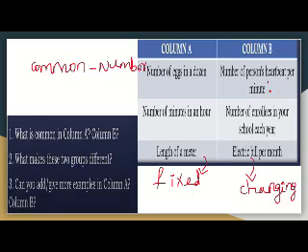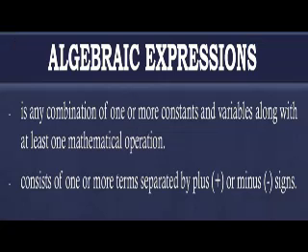So let us see the exact definition of an algebraic expression. An algebraic expression is any combination of one or more constants and variables, but it should have at least one mathematical operator along with them.